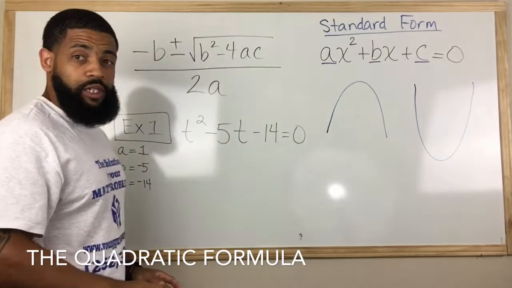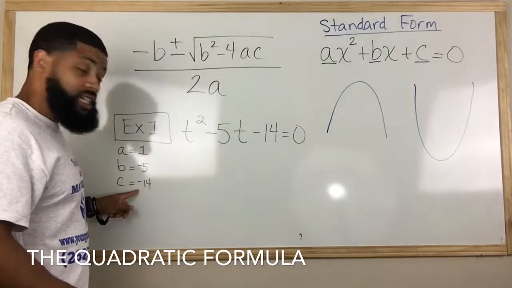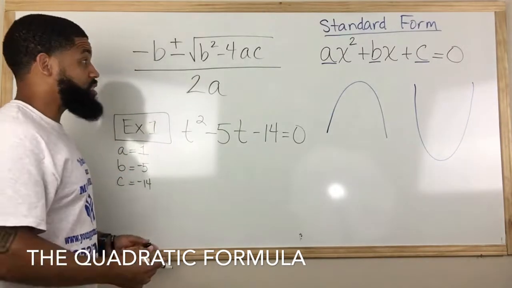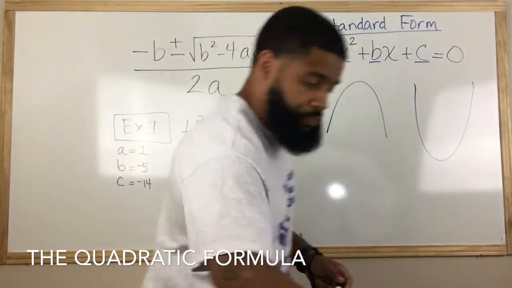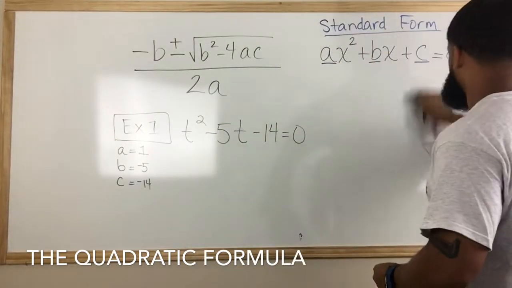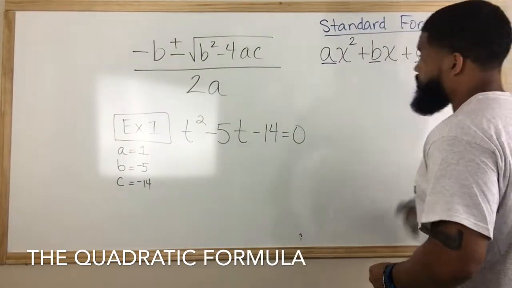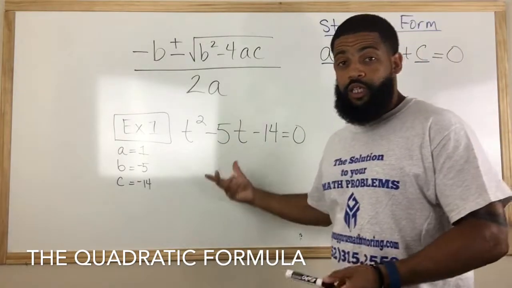Okay? So now we know that a equals 1, b equals negative 5, and c equals negative 14. And we can simply just plug them into this formula right here. All right? So let's continue on. Let's erase what this looks like, because we're going to need this space. And now we're going to solve this particular equation using the quadratic formula.